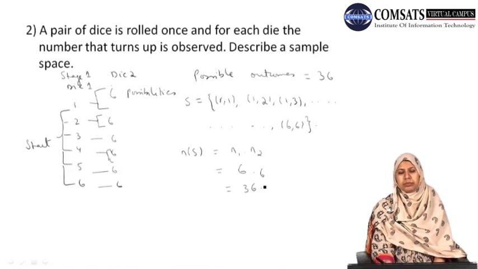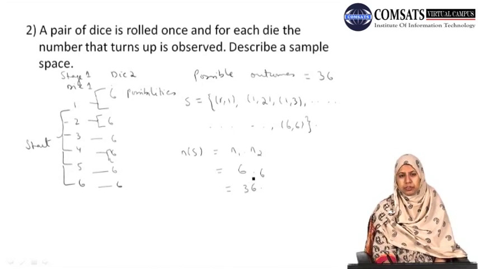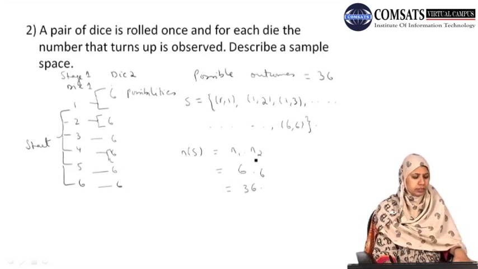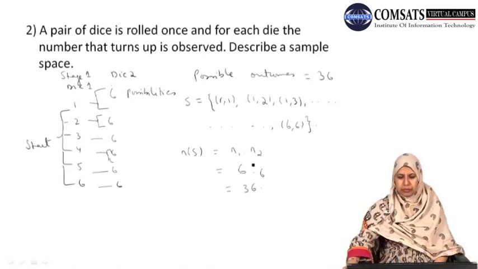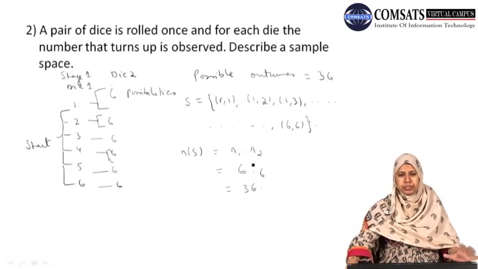So our possible outcomes is the product of 6 with itself, which is 36, which means that this is the size of our given sample space. Now we have done enough examples in which we can see how we can determine the sample space and the size of the sample space.